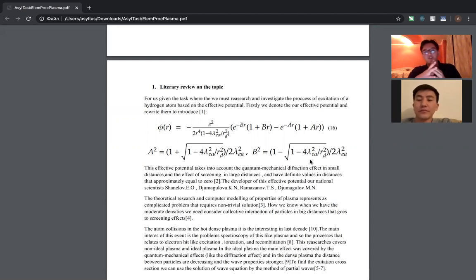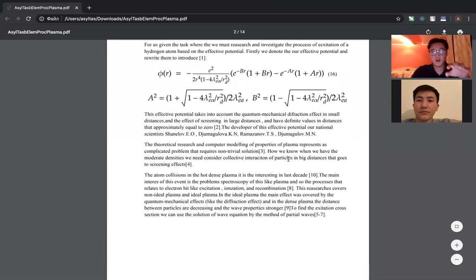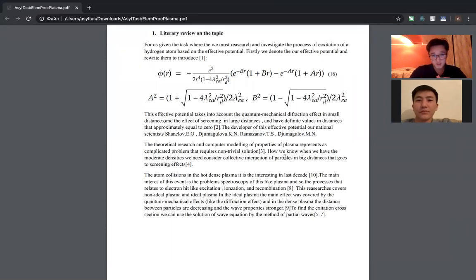Given the task where we must research and investigate the process of excitation of a hydrogen atom based on the effective potential, first we denote our effective potential and rewrite it to introduce it. Here is our effective potential and the A and B coefficients, and for the calculation we make them dimensionless.